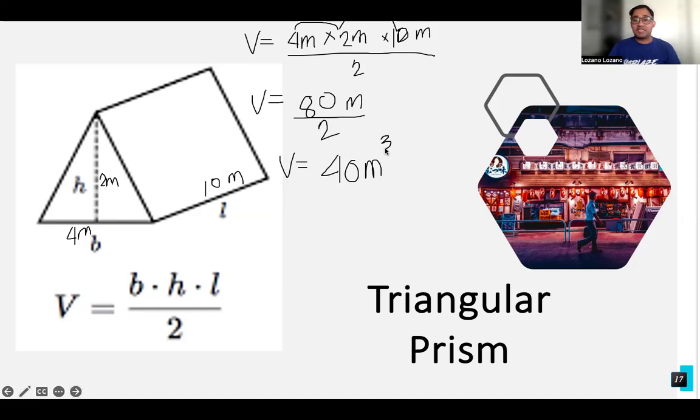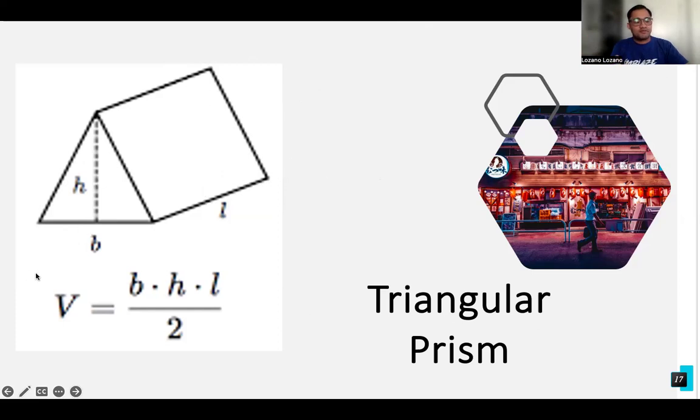Okay. So madali lang. So it is easy to get the volume of triangular prism. Okay, again, walang ibang formula na gagawin sa triangular prism kung hindi itong binigay ko. Volume is equals to base times height times length divided by 2.